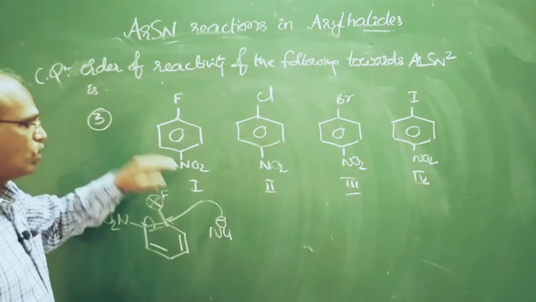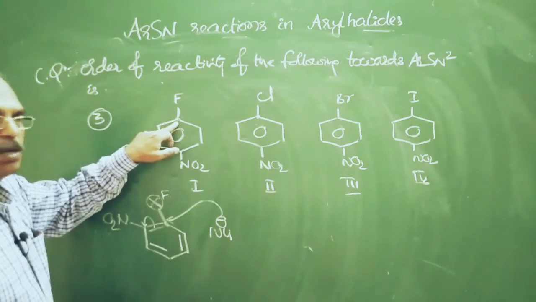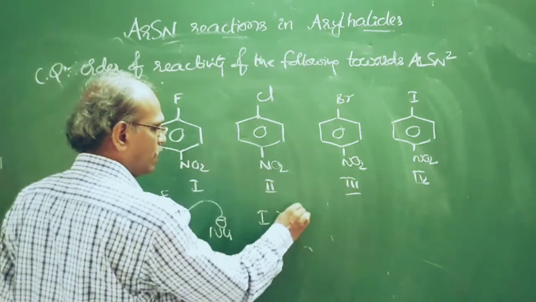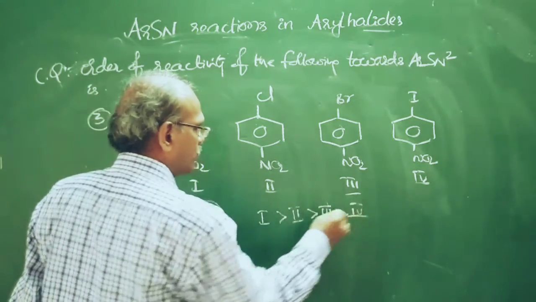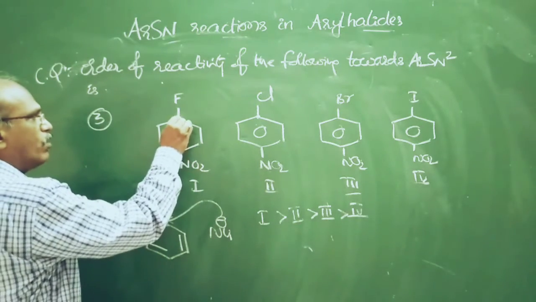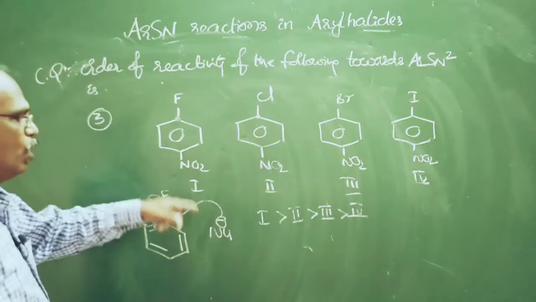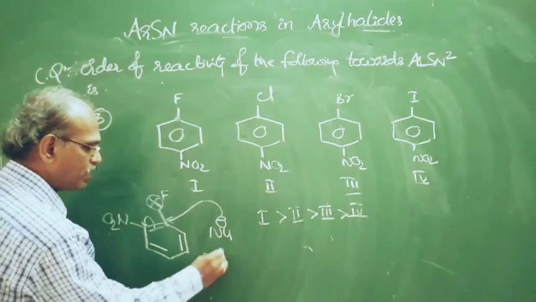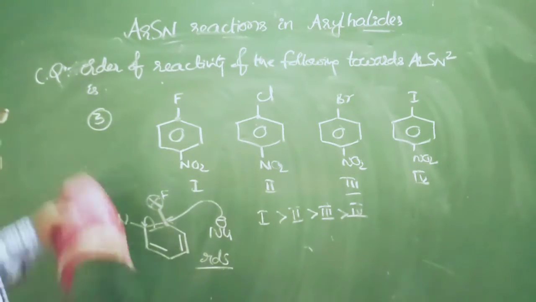That's why nucleophile preferably reacts with this among all this. So the order of reactivity is 1 greater than 2 greater than 3 greater than 4. Once again, because of development of more positive charge on this carbon, nucleophile is more reactive towards this. This is the rate determining step. Okay, so this is another one.